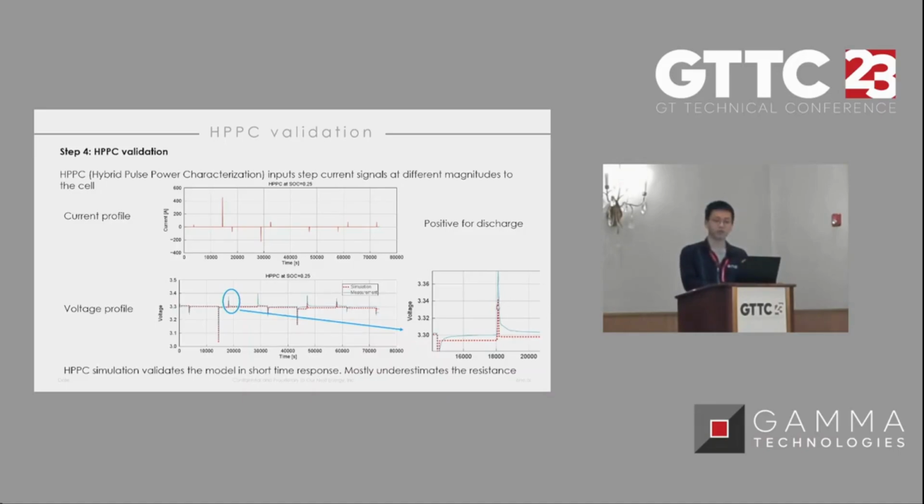Also, the relaxation of the simulation is faster than what we can measure from the experiment. That's also something we want to improve as future work. Although the average error is probably only 9 millivolts, we do feel that we need to improve on the peak performance.